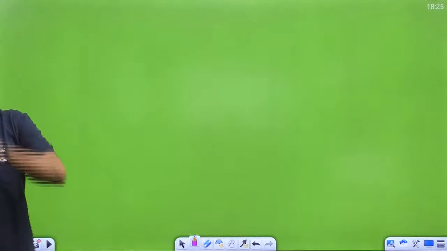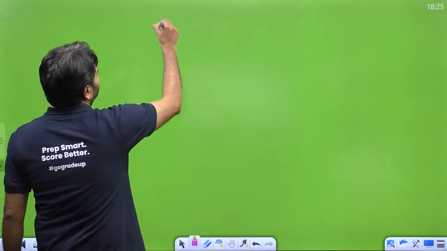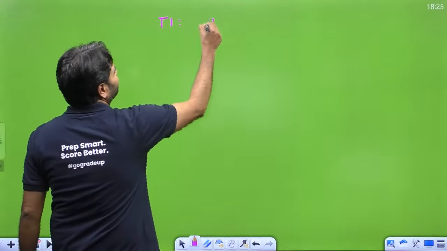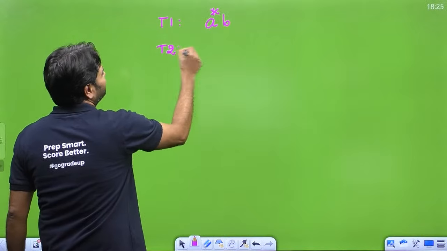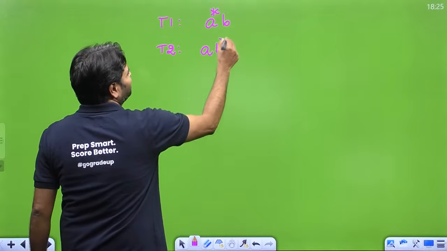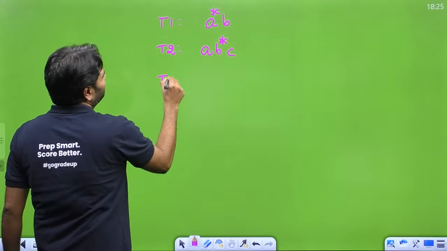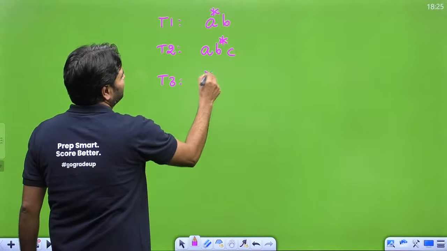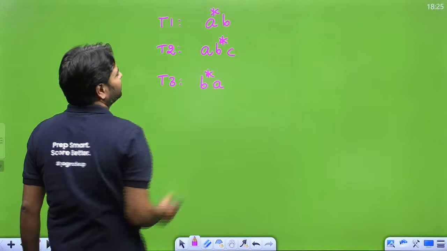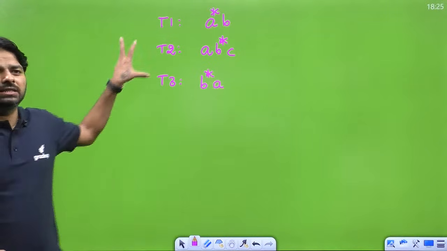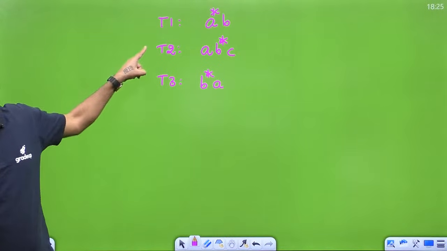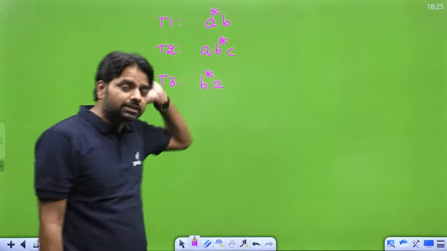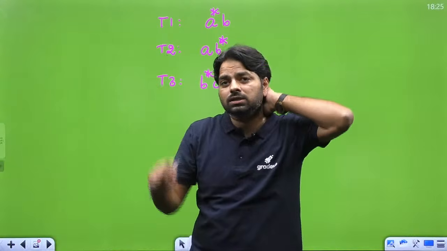Look at one example to practice. Okay, these are my 3 tokens. I have created my own rule. This is the one question I am taking, and it's a very interesting question on how the lexical analyzer works.